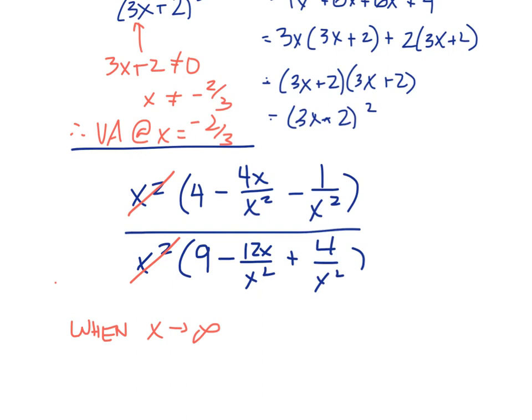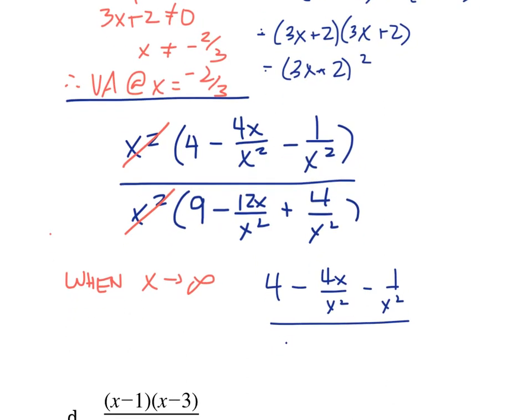So we can show that like this. I'm just going to rewrite this out: 4x over x squared minus 1 over x squared, all over 9 minus 12x over x squared plus 4 over x squared. So what's going to happen is this term is going to go to 0 when x goes to infinity, because the denominator, that x squared, is going to dominate, making a very, very large number.